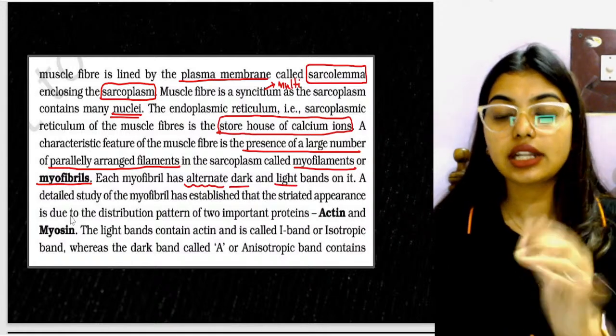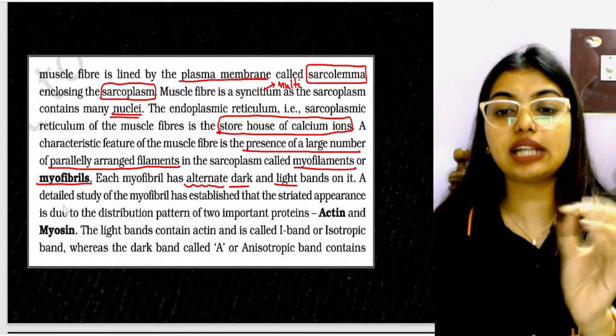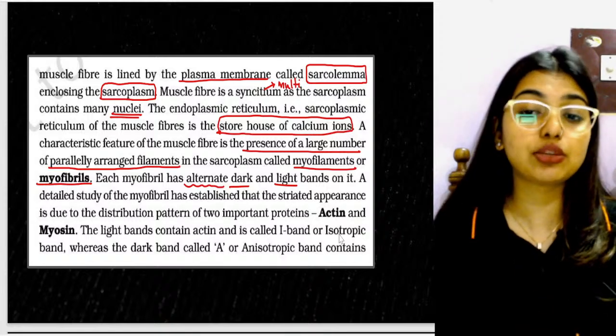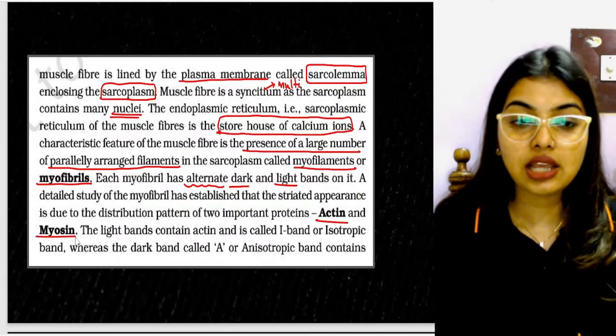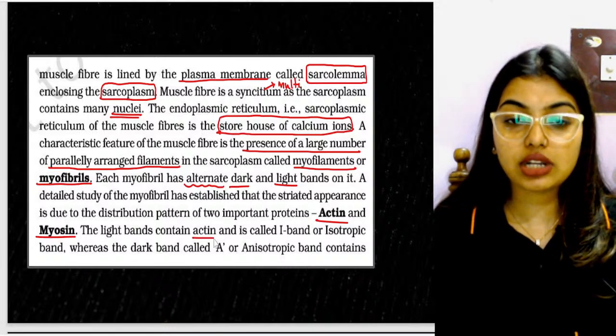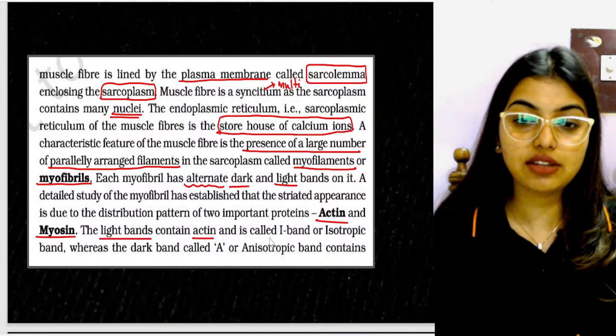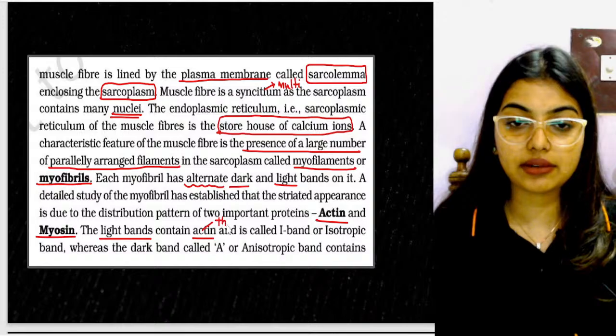A detailed study of myofibrils has established that the striated appearance is due to the distribution pattern of actin and myosin. The light band is because of the actin, because it is the thin filament.